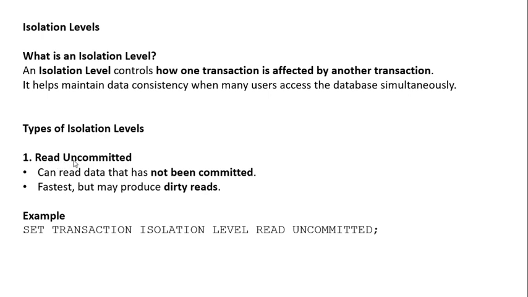First is read uncommitted, which can read data that has not been committed. It is fast but may produce dirty reads.